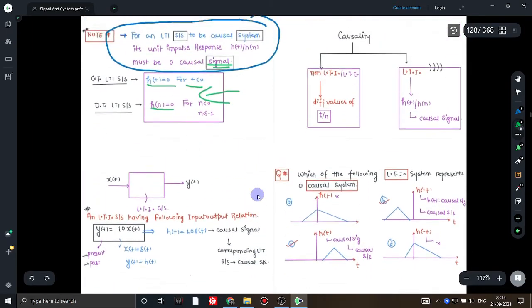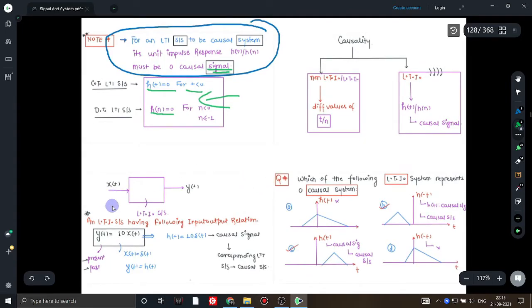So if an LTI system is to be a causal system, then the impulse response h(t) and/or h(n) should be a causal signal. So these are the examples, and we have to find which LTI system represents a causal system. These are given the impulse response.